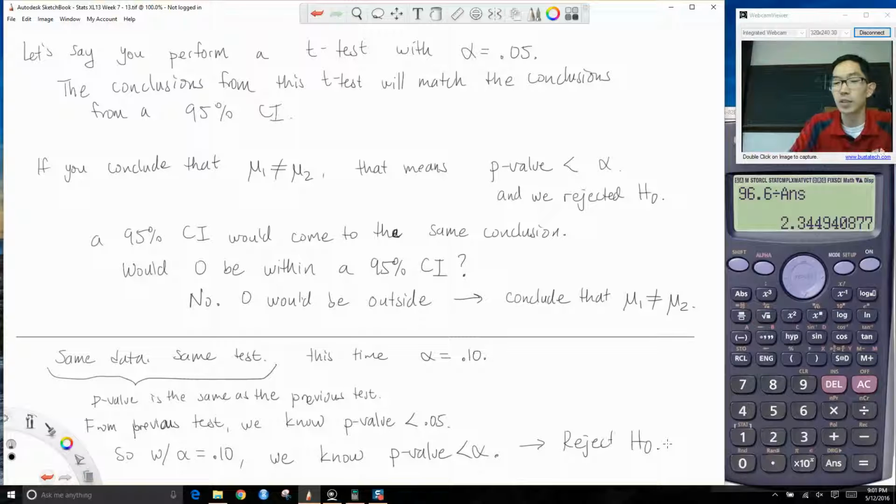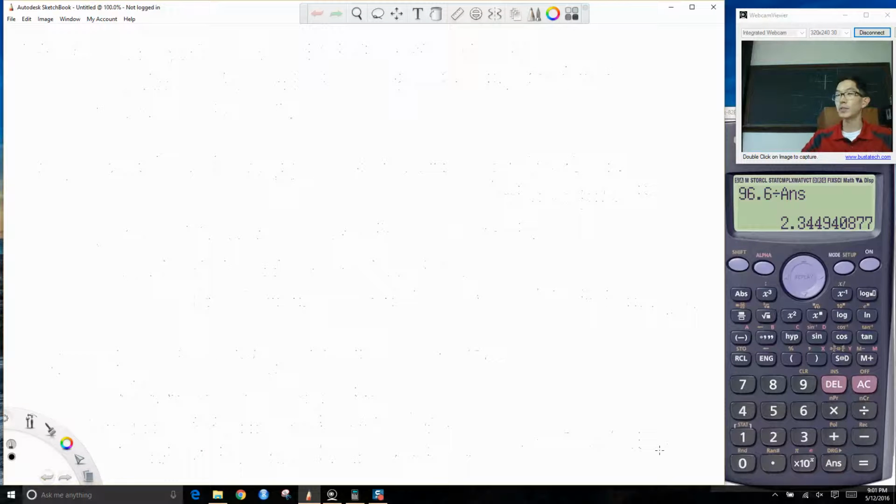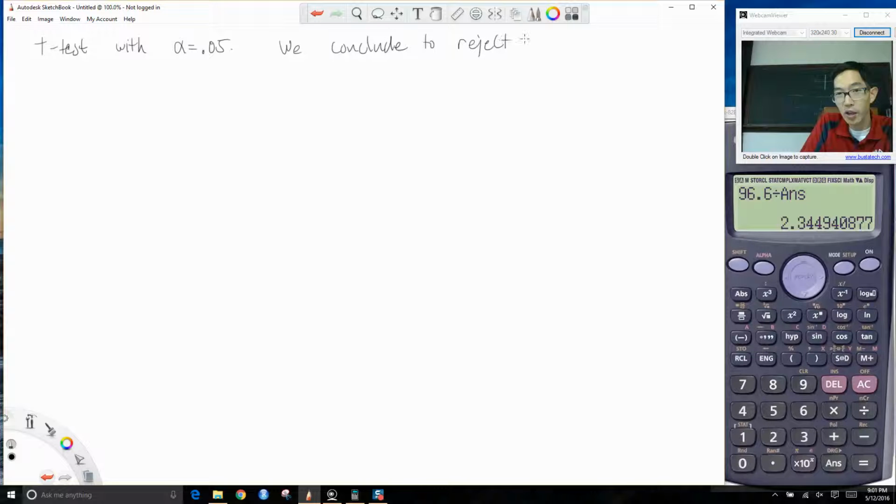All right. If I had changed alpha to 1%, what would we now say? Yeah, now we don't know. Okay, so let's say a t-test with alpha equal to 0.05, we conclude to reject the null hypothesis.